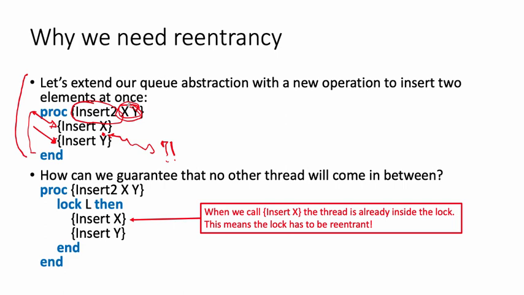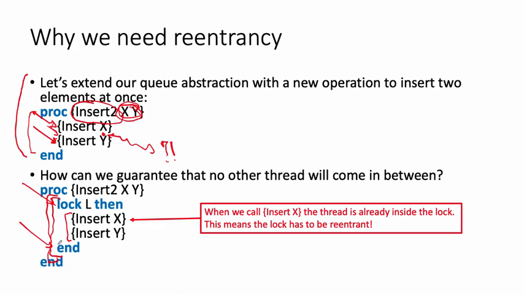I want to guarantee that they will be next to each other in the line. So I want to guarantee that the scheduler will not stop in the middle. How do I implement that? Well, I have to use the lock. So I put in a lock, the lock L, and insert X and Y are now protected by the lock. I have now one big atomic action.